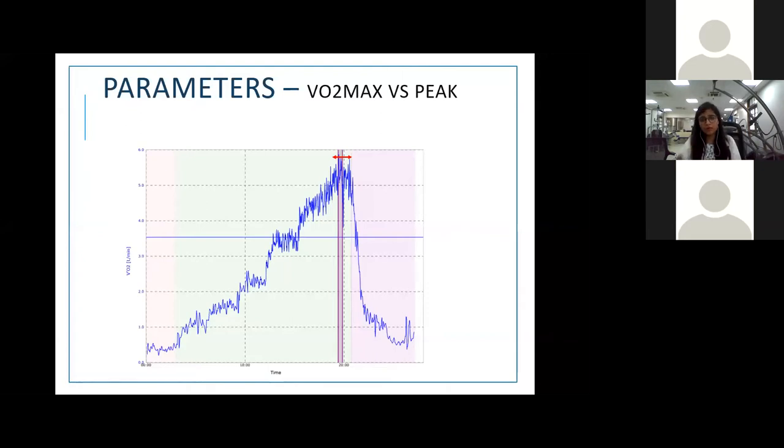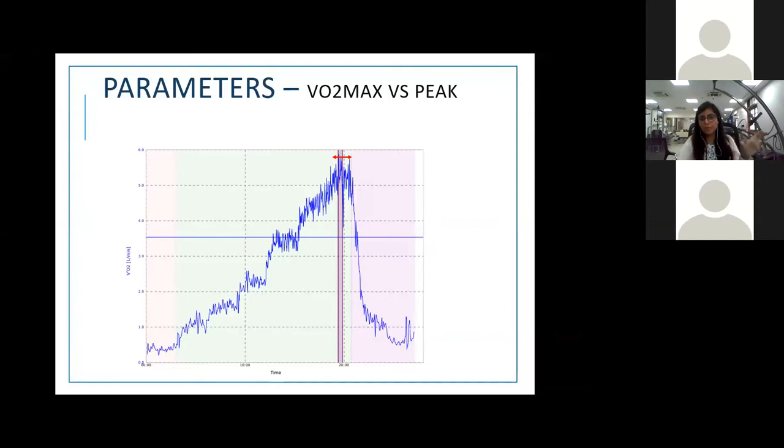The important part to understand is that if a person has not reached the plateau, their VO2 values may have gone much higher or may have remained the same. So at that time we don't know if the person actually achieved their maximum or not. That's when the terminology VO2 max and VO2 peak come in.